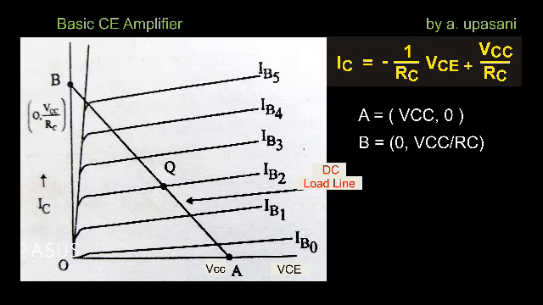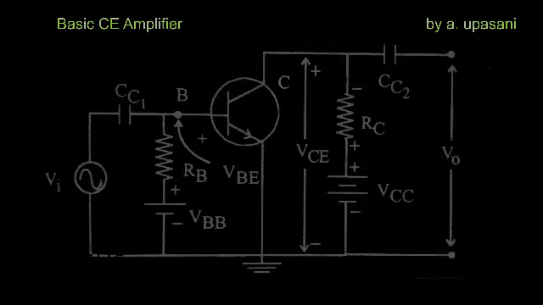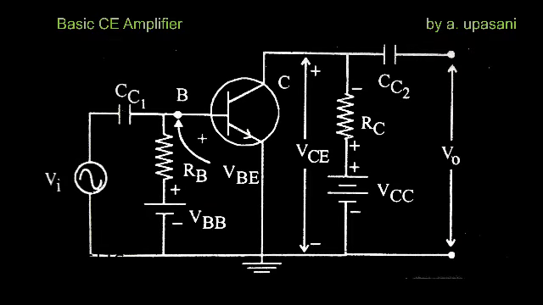The region where this operating point is to be set is called the active region. So for operating as an amplifier, we need this operating point to lie in the active region. So this is how amplification is done using the transistor in common emitter mode. This is the basic CE amplifier, which is used to amplify lower strength signals to higher amplitude signals.